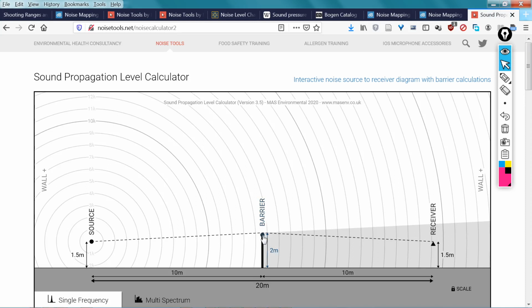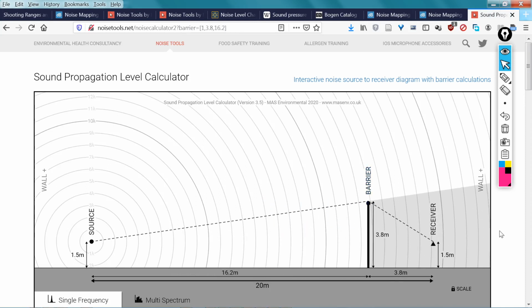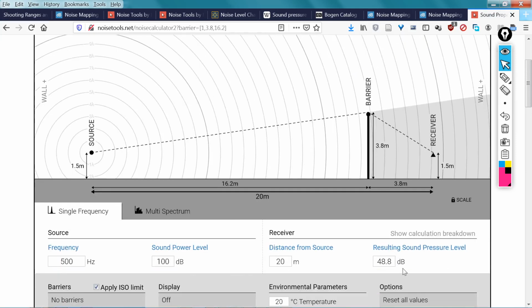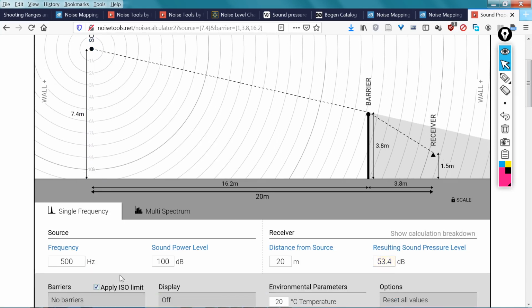But this gives you the ability to simulate a barrier, and then look at what the resulting pressure level will be behind the barrier. And you can change the source level and frequency. Let's say this was 140 decibels. Okay, and the distance from source, let's put that at 450 meters.